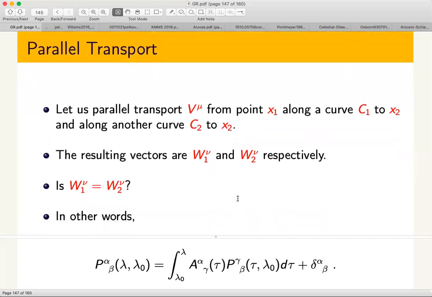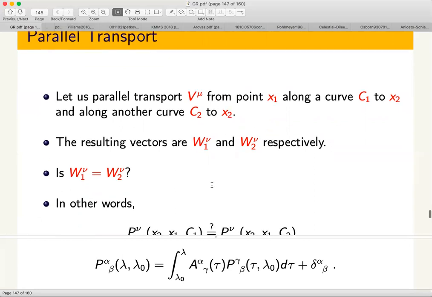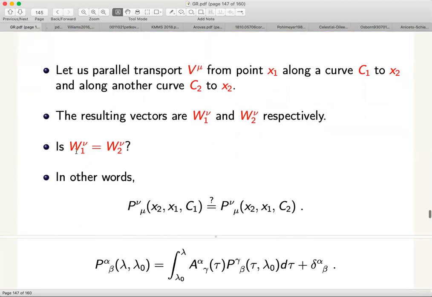So we want to ask: is w1 equal to w2? Both these vectors are defined at x2. You started off with a single vector but parallel transported it to a new point x2 along two different curves. Remember, parallel transport is done by the parallel propagator.